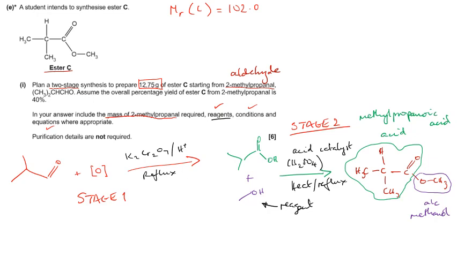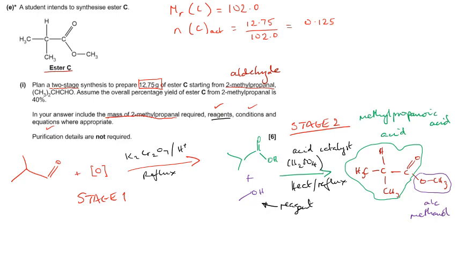So we can work out the actual moles that we've made. Moles of C actual is our mass, 12.75 grams, divided by 102, which is our Mr, and that gives us 0.125 moles that we actually made.